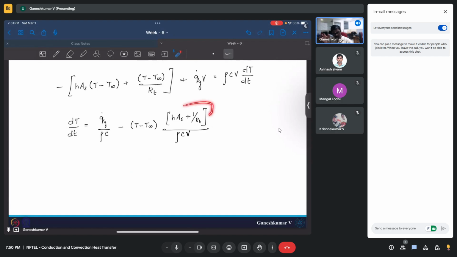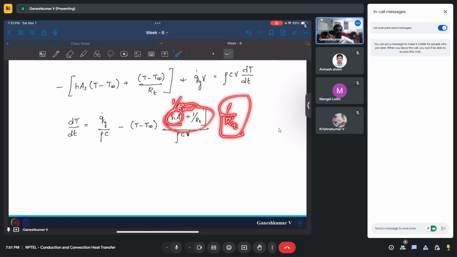Okay. Even though we derived it in a different way from the energy equation, you can also relate it to the electrical analogy. From there also you can try to reason this out. So HAS plus 1 by RT is going to be 1 by total resistance R dash total.